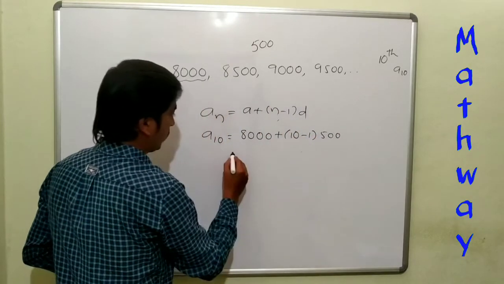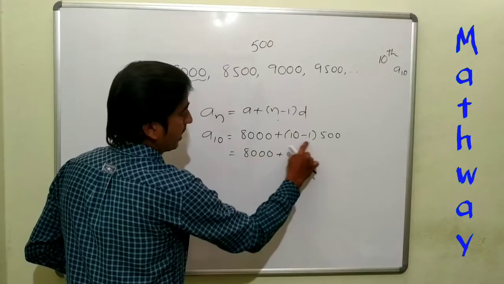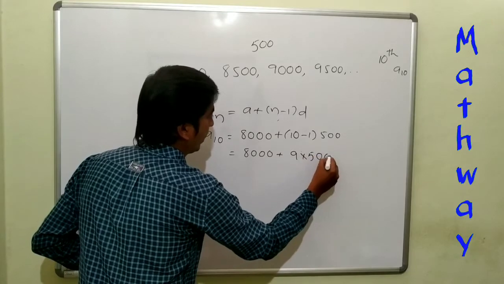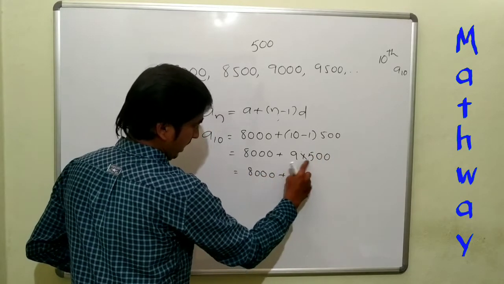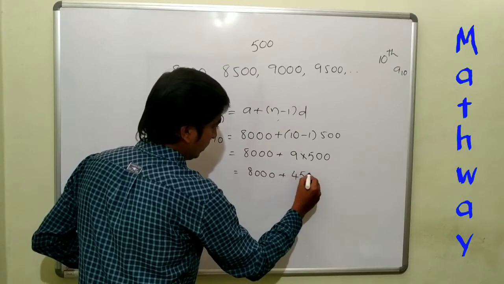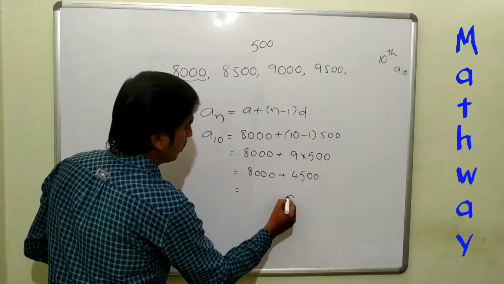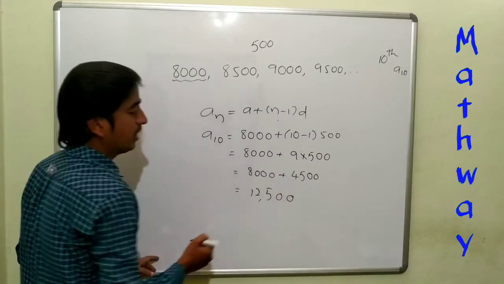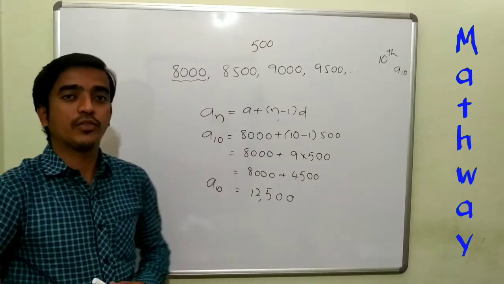Let us simplify this. 8,000 plus (10 minus 1 is 9) 9 into 500. 9 fives are 45 and double 0. So adding, we get 12,500 rupees. So after 10 years he will get 12,500 rupees.